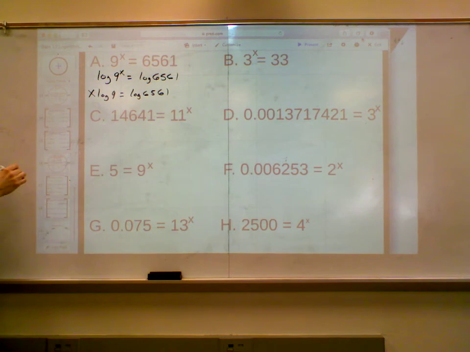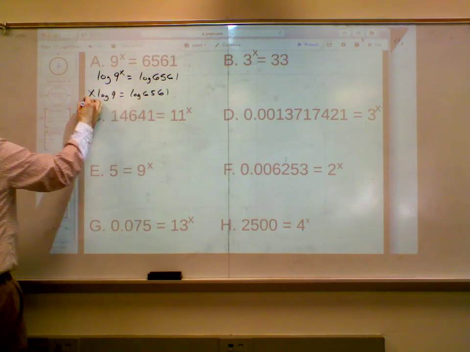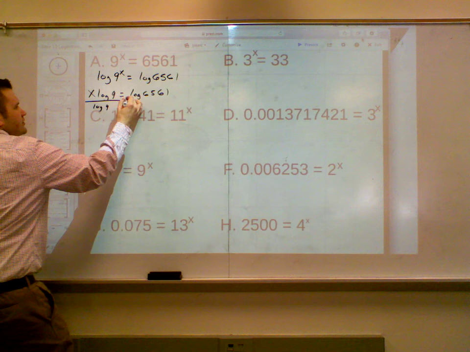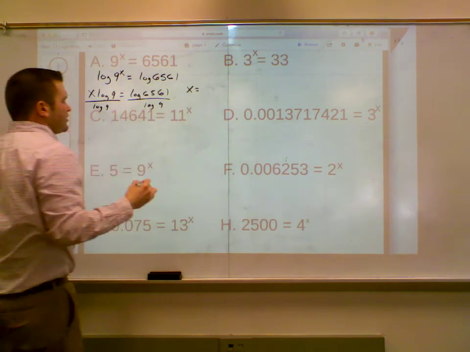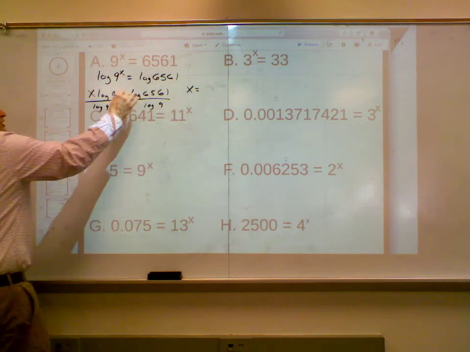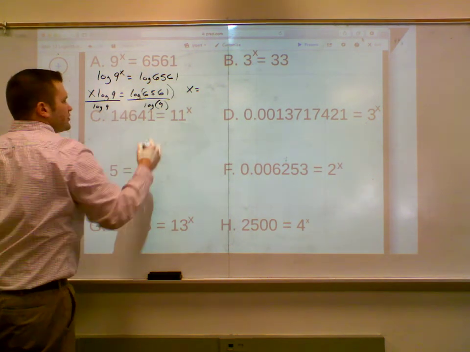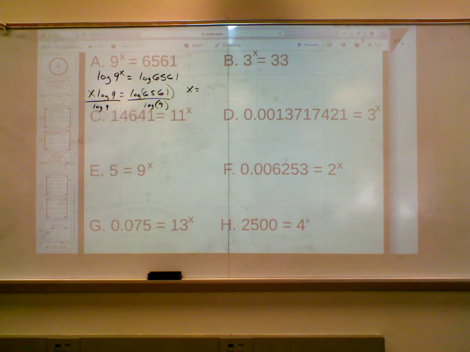So now what do we do? Divide by log of 9. So x equals log 6561, and make sure we close our parentheses. Log of 6561 divided by log of 9, and you get 4.